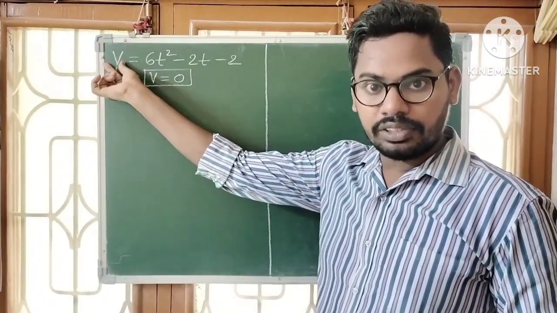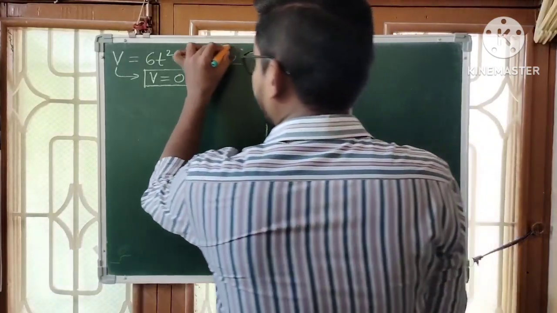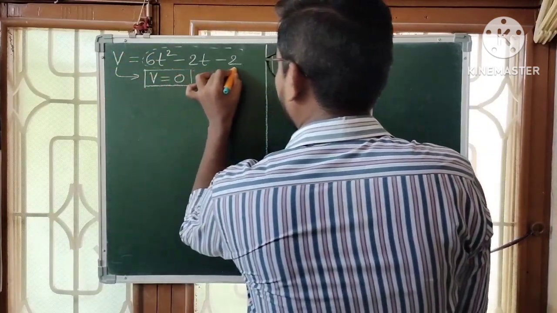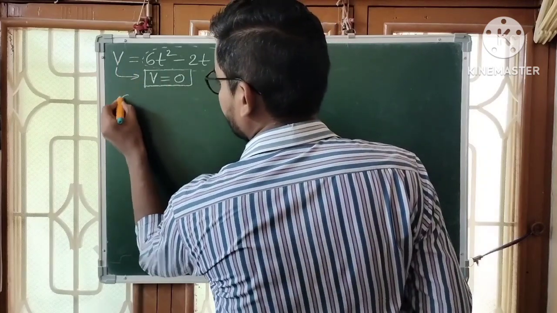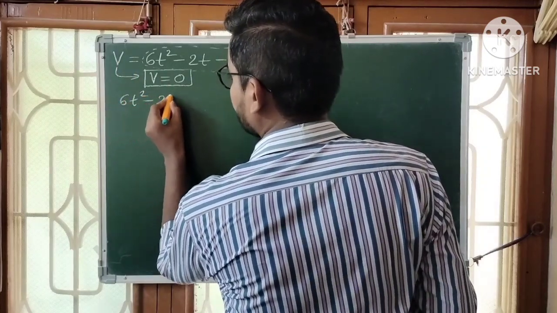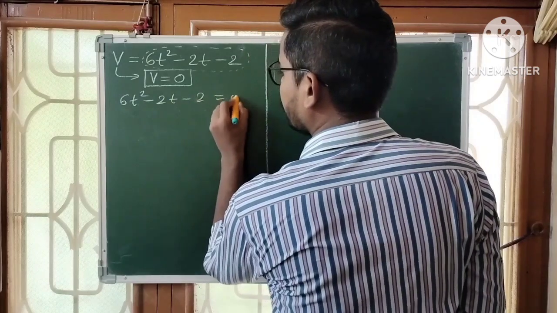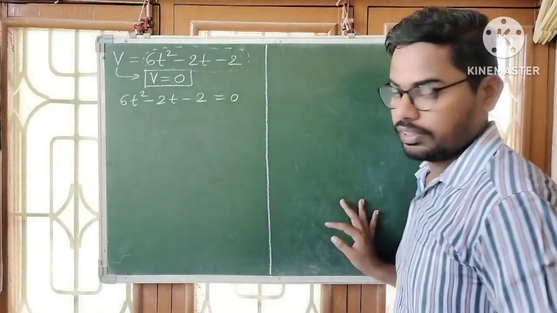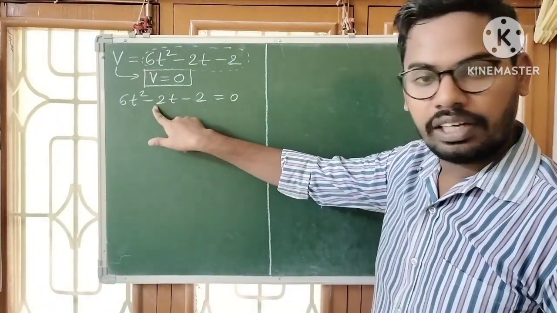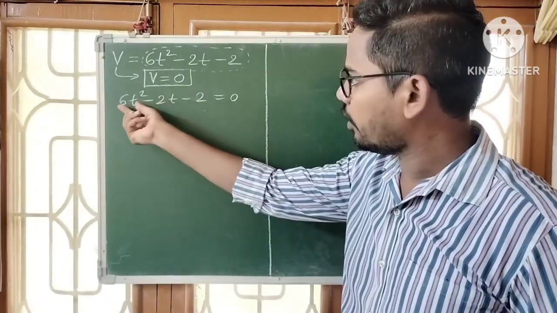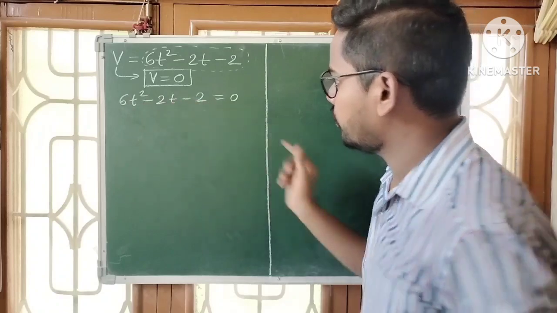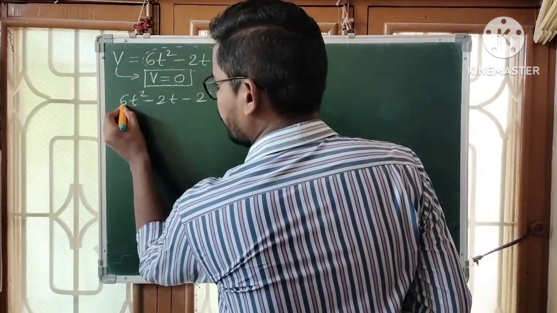The velocity of the particle is 0 only when this expression is equal to 0. This expression must be equal to 0. So put v is equal to 0 here. Then 6t square minus 2t minus 2 is equal to 0. Now this is a quadratic equation. Before that, is there any common factor among these three terms? 6 can be written as 2 into 3.